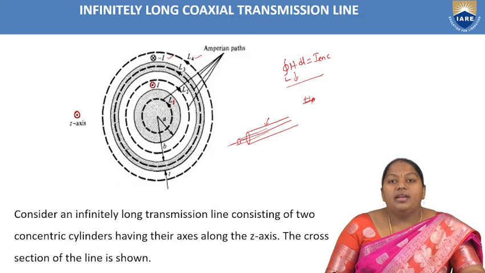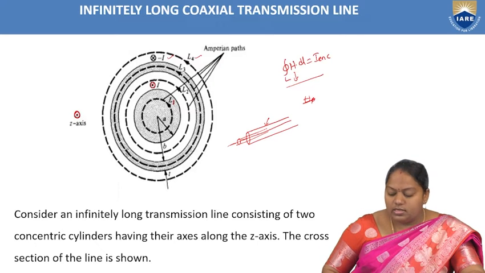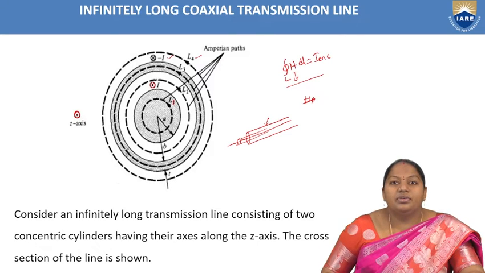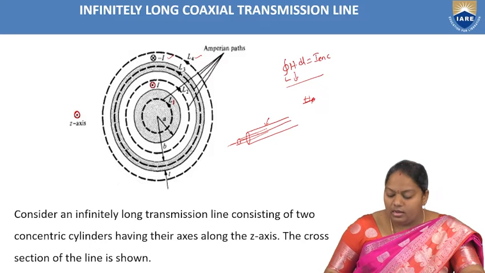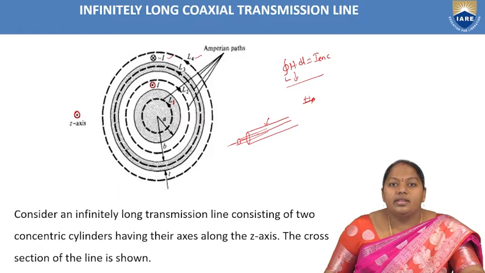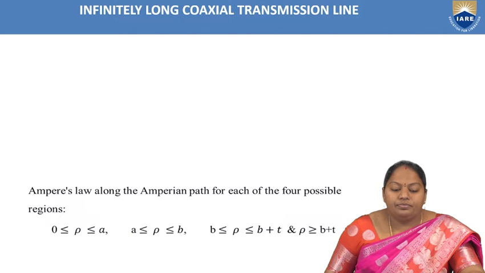So, consider an infinitely long coaxial transmission line consisting of two concentric cylinders, and the figure is an example of the cross-sectional view of the coaxial transmission line.